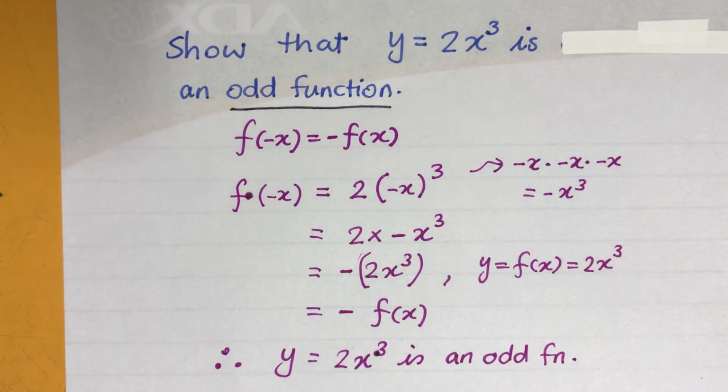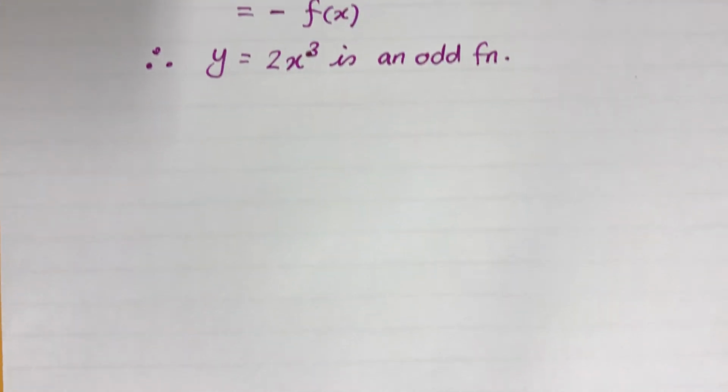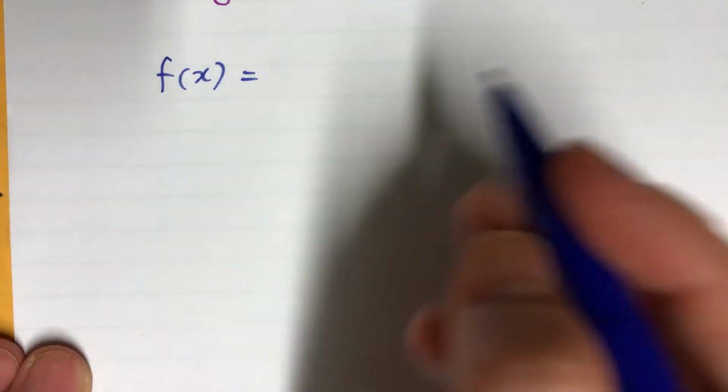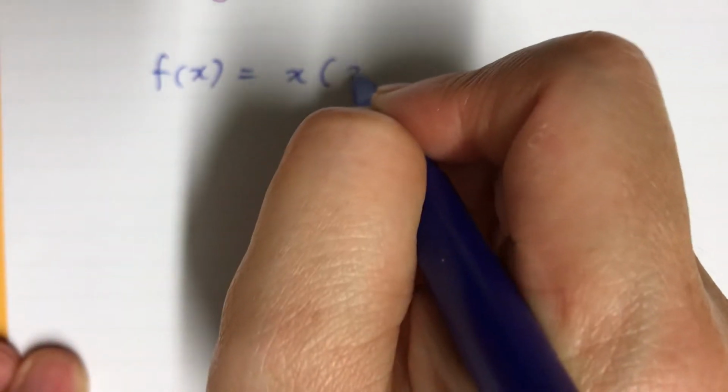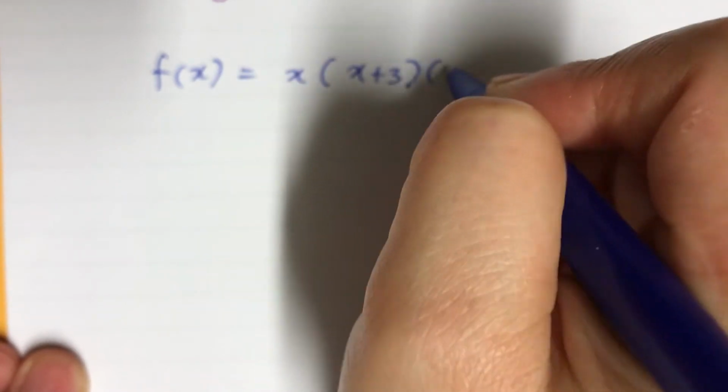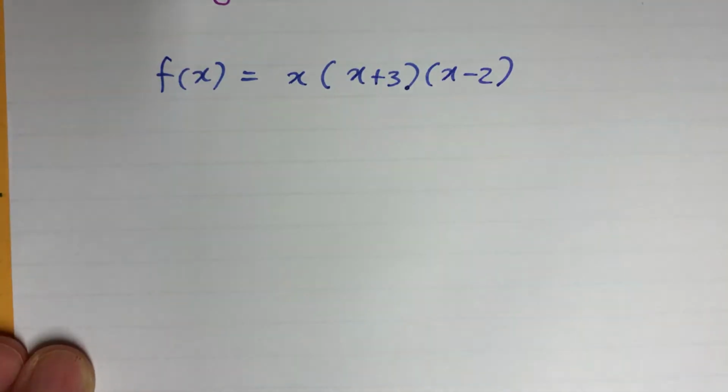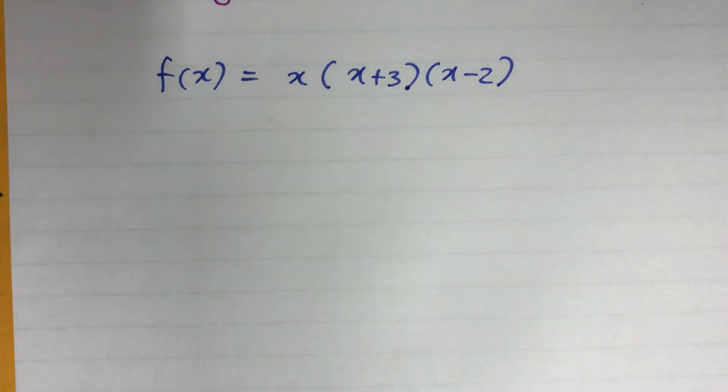Okay, good. Next one, we're doing another sketch graph here. Okay, so let's see, put f of x equals x brackets x plus 3 brackets x minus 2. So that's what we have to sketch.